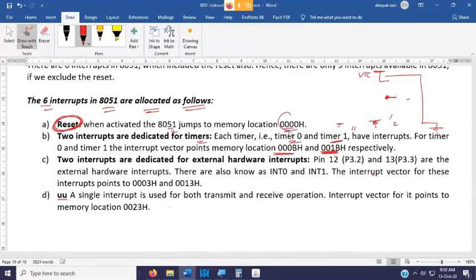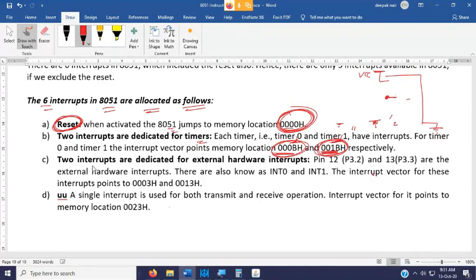Reset vector location, we can say 0000. By default everything becomes 0. Vector location for timer 0 and timer 1 is 000Bh and 001Bh. So whenever timer 0 generates an interrupt, it will go to 000Bh, and whenever timer 1 generates an interrupt, it will go to 001Bh.